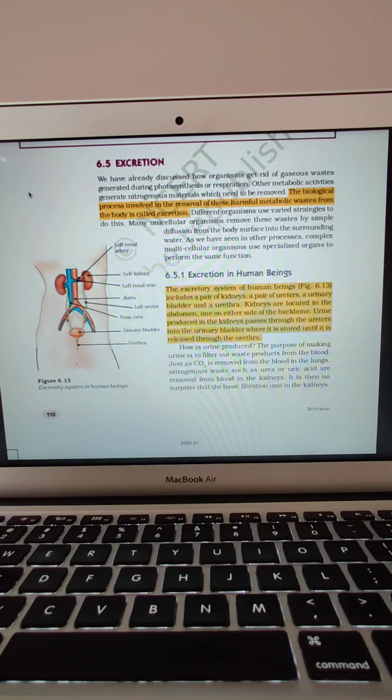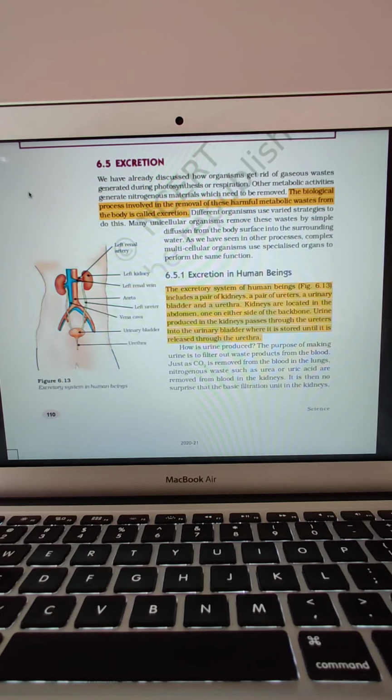Because it is placed in such a position that towards the front is present what? The liver, and so the right kidney is slightly smaller compared to the left kidney, and it is also present at a somewhat lower level.